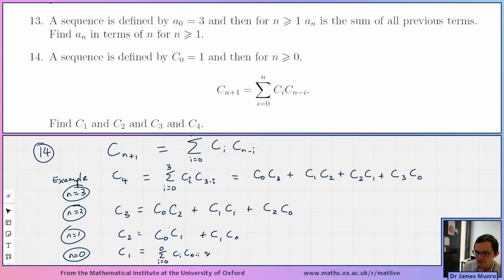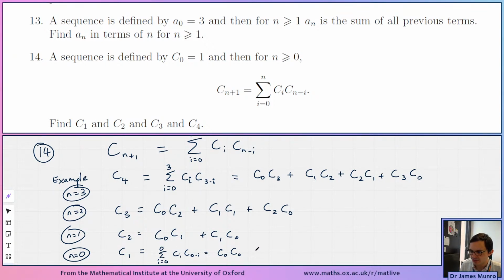So I think this is a sum where you put in I equals 0 first, and you stop once you've done I equals 0. It kind of includes the stop case. Fans of Python will be disappointed there. Sorry, I'm talking about computer science. So I think this is C0, because I'm putting in I equals 0, C0 minus 0, which is also 0, and then stop. So I think it's just C0 times C0.